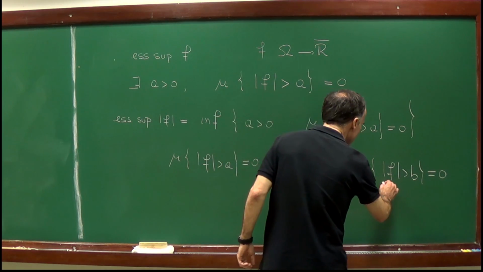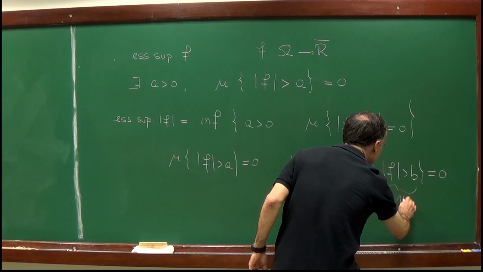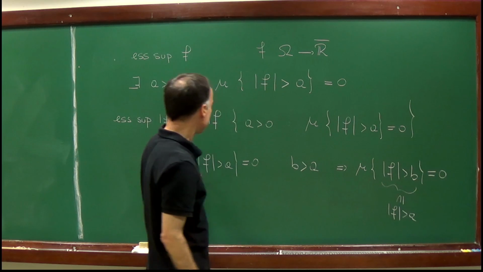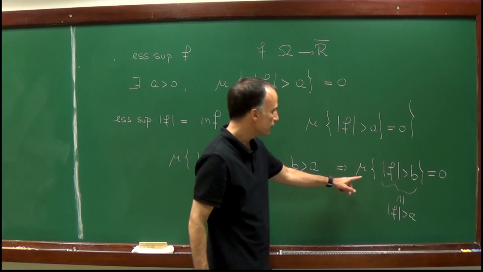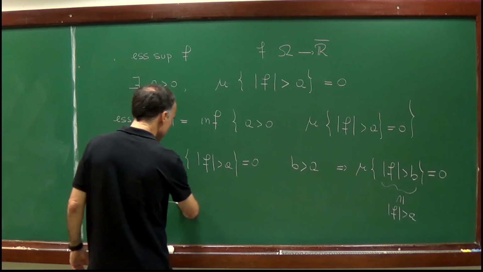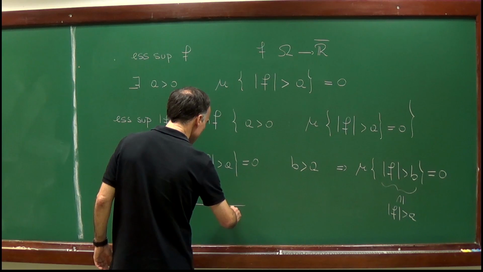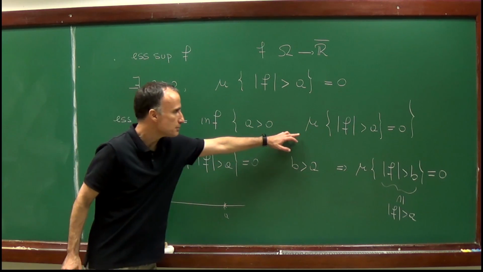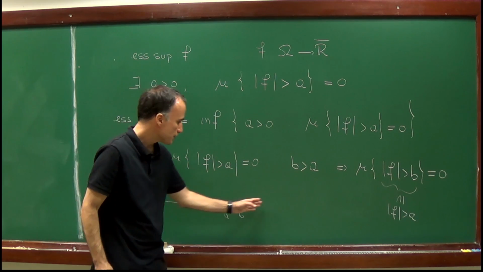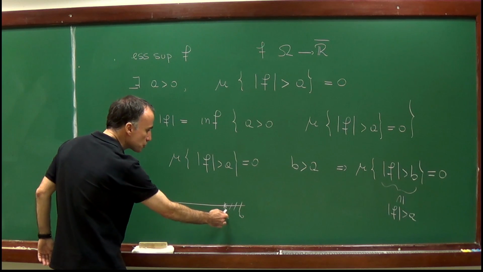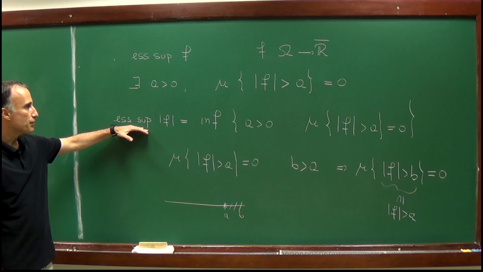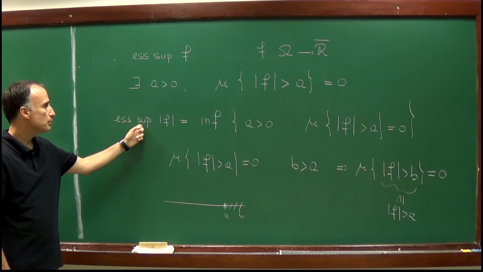So this set is contained in the set in which f is larger than a, which has measure 0, and therefore this set has measure 0 also. So you start at a point a in which this set has measure 0, and you know that for all b larger than a, all these sets have measure 0, and now you take the smallest a which has this property, and this is exactly our definition of the essential supremum of f.